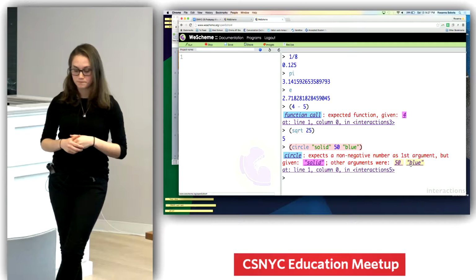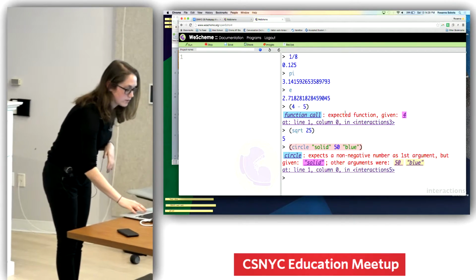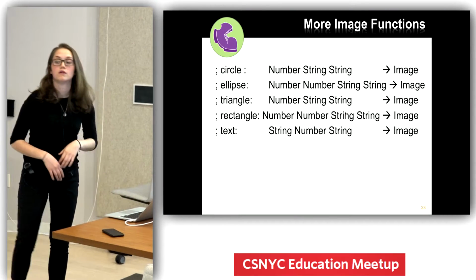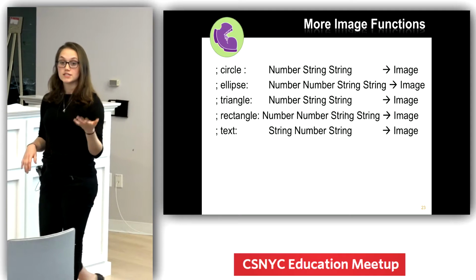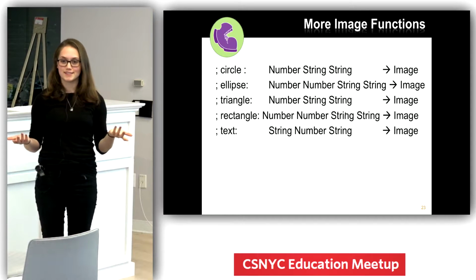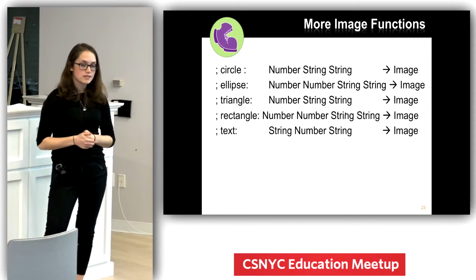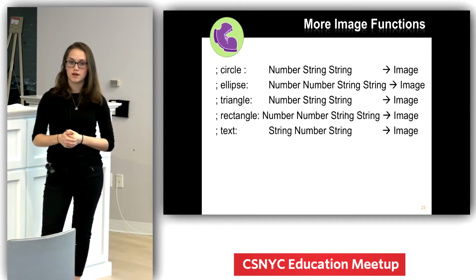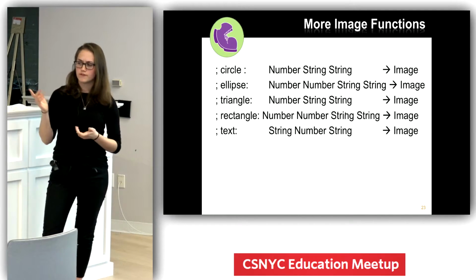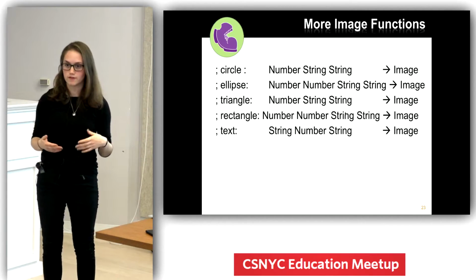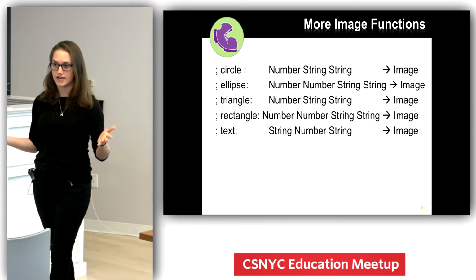Okay, so we have these images. Students use some of these functions to put images into their game. Again, you guys get to skip the fun parts, so I won't be doing that. There's a supplemental lesson at this point that a lot of teachers use. It's flag building. Especially in New York, we have classrooms made up of 30 different nationalities.